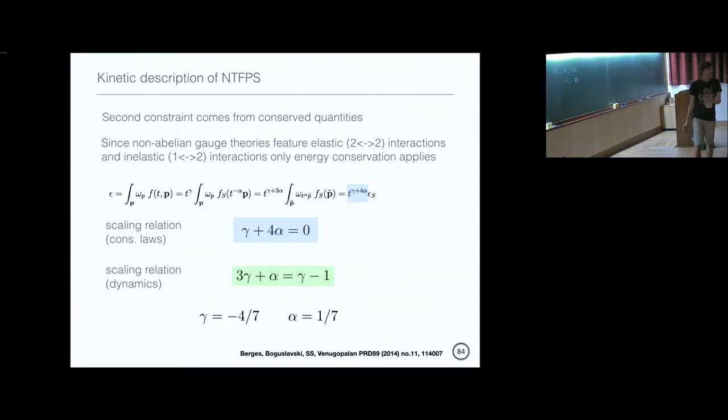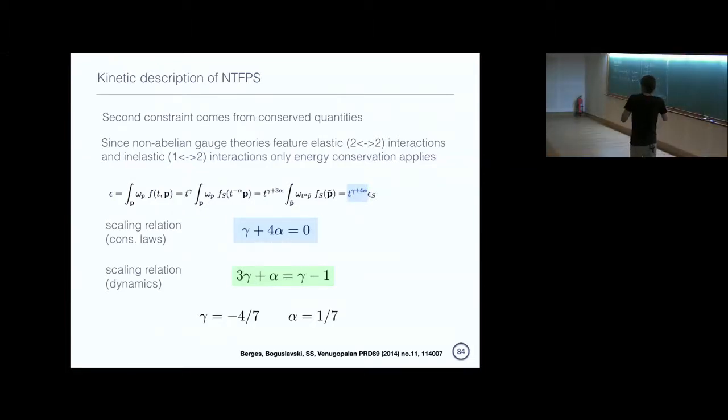And so indeed, if you combine these two constraints, namely the scaling relation that comes from the conservation laws, along with the scaling relation that comes from the dynamics of the system, you can work this out. You obtain these scaling exponents, and if you remember, these were exactly the same ones as we observed in these simulations.